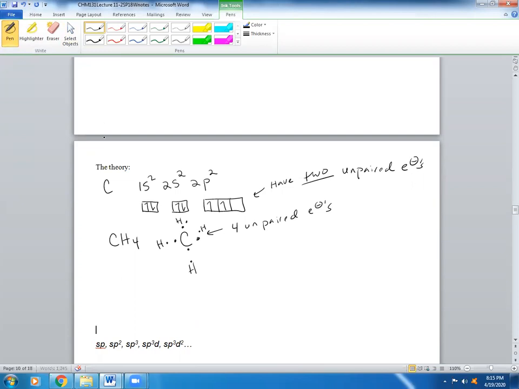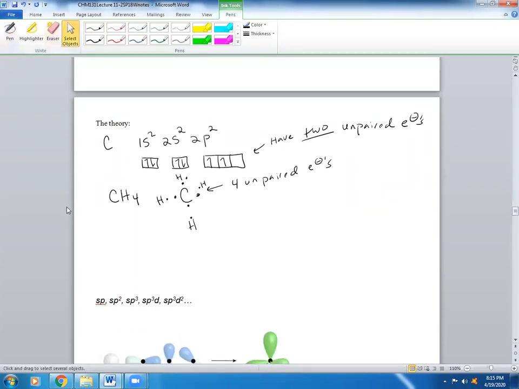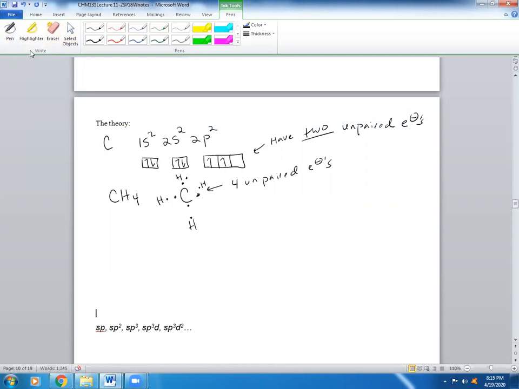Here's what the theory says. In order for you to get 4 unpaired electrons for carbon, it has to go through a 2-step process. So let's start with, we're only going to draw the valence orbitals.